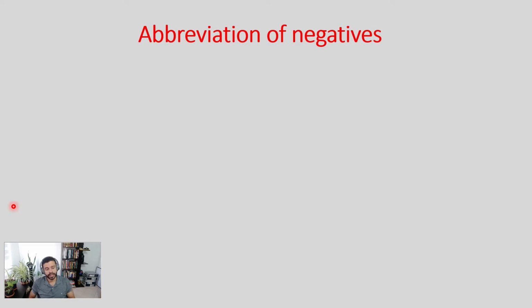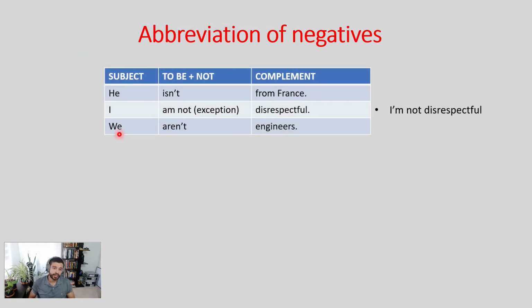What is the abbreviation of negatives? For the verb to be, it's very simple. If it is not, then you say isn't, and this is the spelling. If it is am not, the verb to be am plus not cannot be abbreviated. What can be abbreviated is the verb to be with the subject, which is abbreviated here, I'm not. But this with this, forget about it.